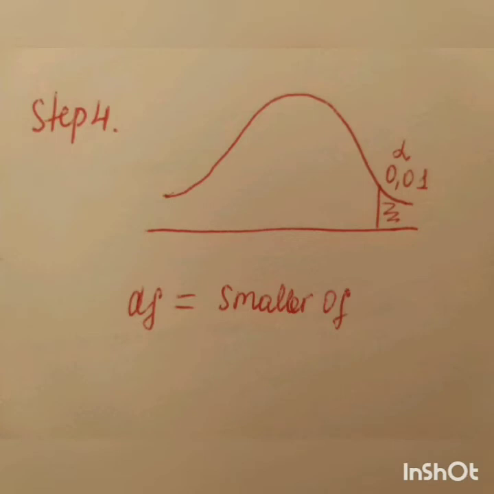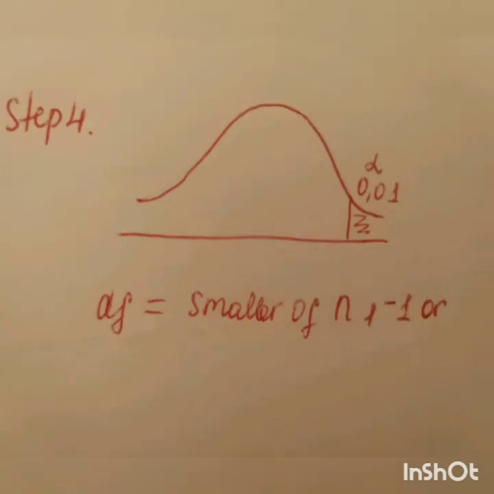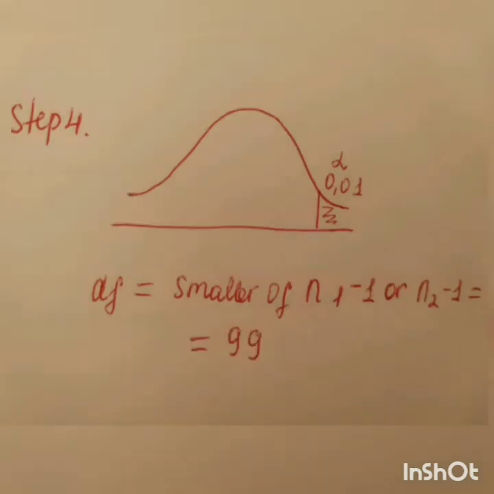The degrees of freedom for this test is the smaller of n1 minus 1 or n2 minus 1. Since both of the sample sizes were the same, we can determine that the degrees of freedom is 99.